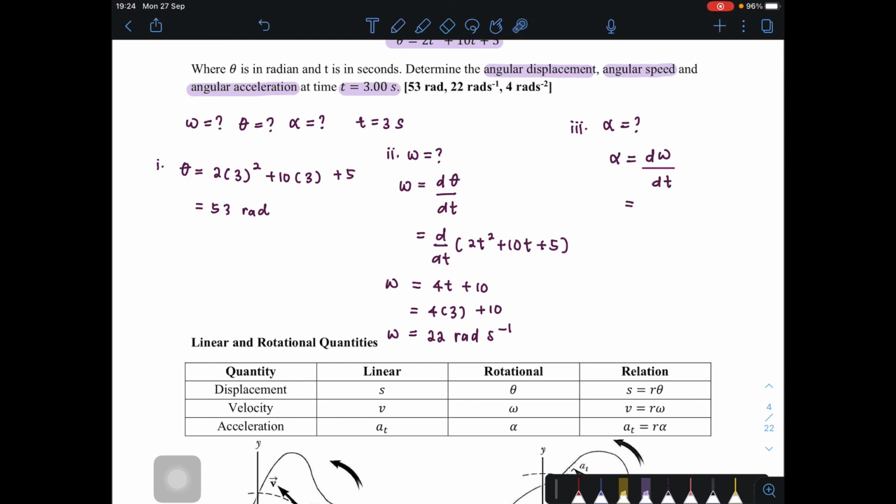Maksudnya dekat sini kita akan differentiate omega pula. So omega tadi kita sudah dapat equation dia, which is this one. d over dt omega 4t plus 10. So you will get 4. So angular acceleration is equal to 4 radian per second squared.